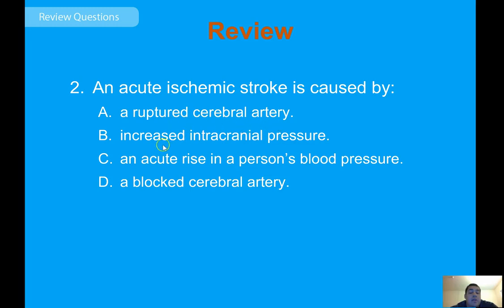Asking me a hemorrhagic stroke. Increased intracranial pressure. Usually when you guys have hemorrhagic strokes or aneurysm, that's going to cause your intracranial pressure. An acute rise in a person's blood pressure, or a blocked cerebral artery. So an ischemic stroke is going to be a clot. So a blocked cerebral artery.